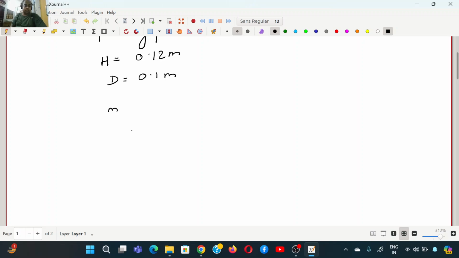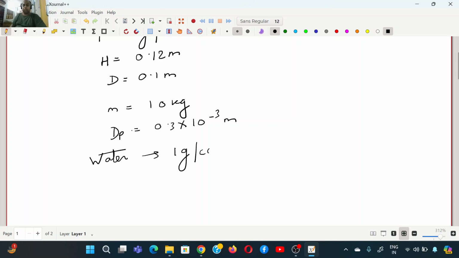Mass of the packing is 10 kilogram. Diameter of the particle is 0.3 millimeter, 0.3 into 10 to the power minus 3 meter. And they are pouring water through it. And water, we know that the density is 1000 kg per meter cube.